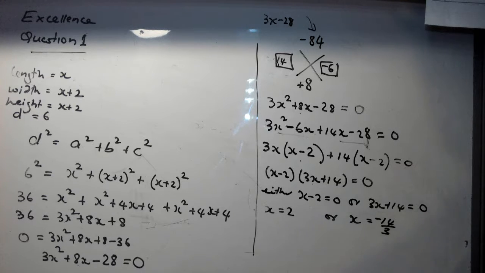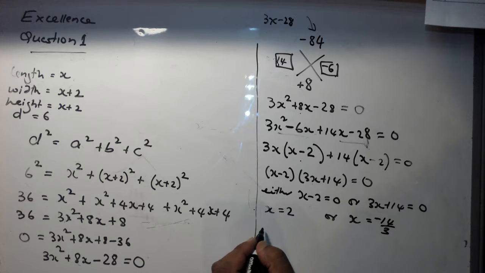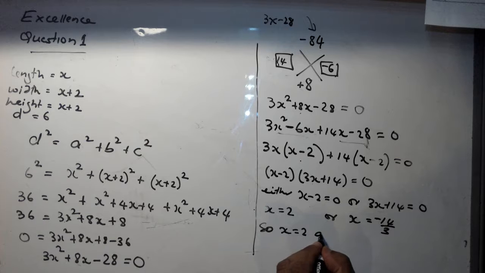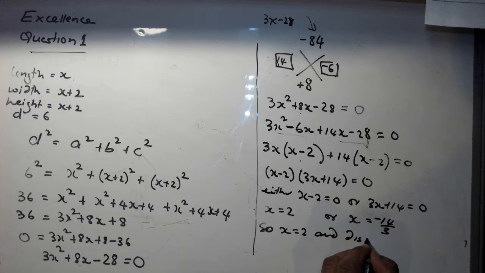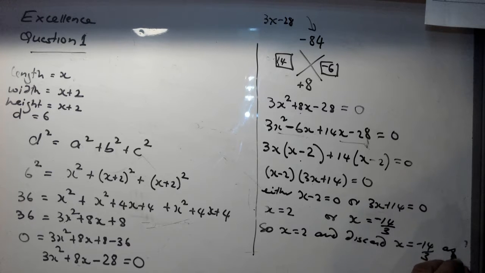Now since we're dealing with length, x has to be positive, so we will use x equal to 2 and discard x equal to minus 14 over 3, as we cannot have negative lengths.